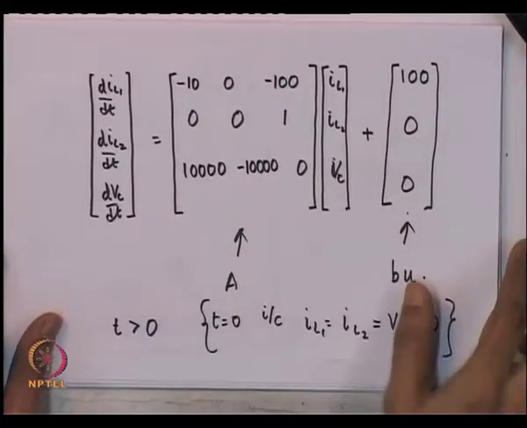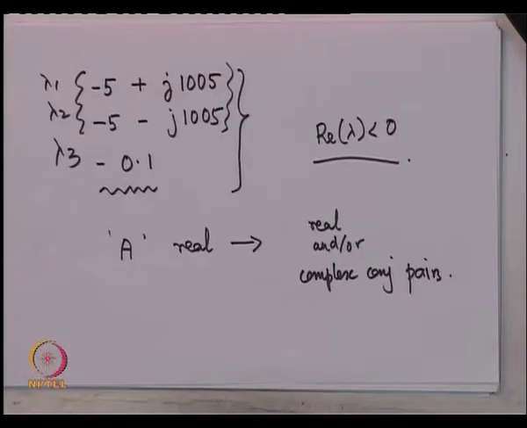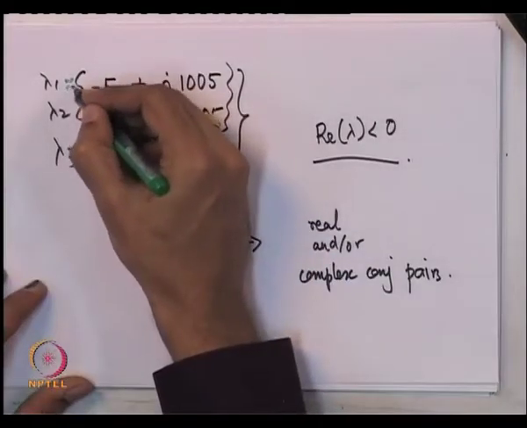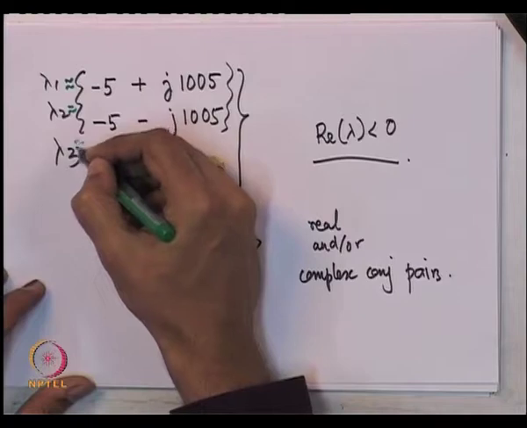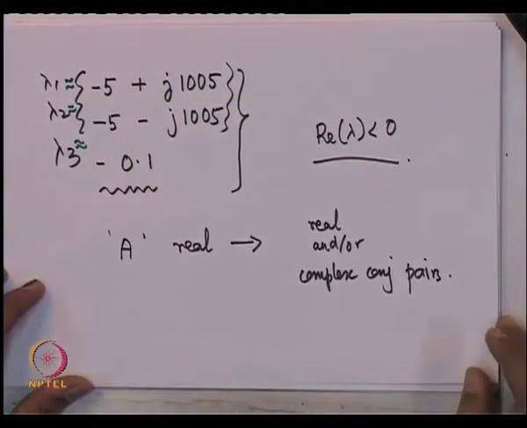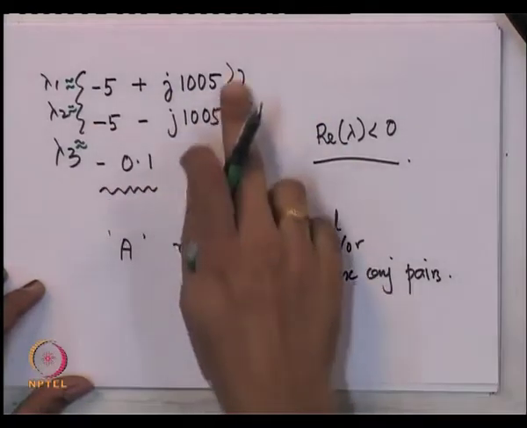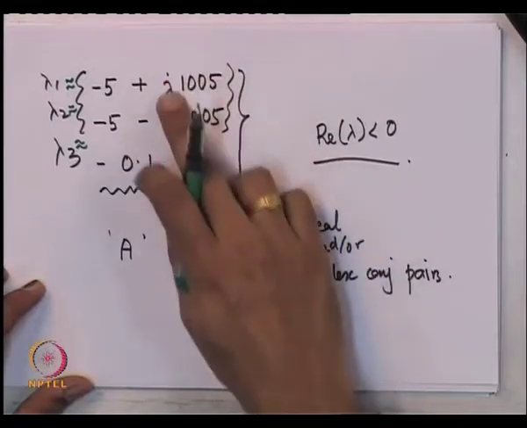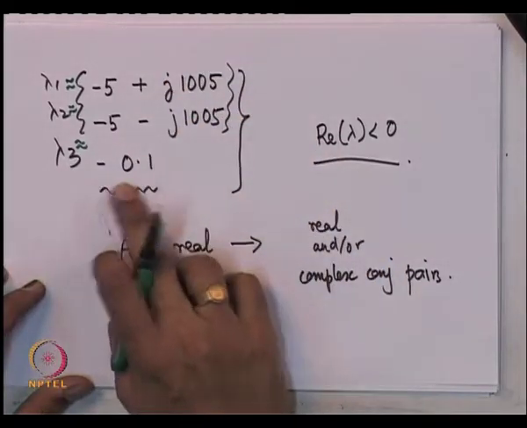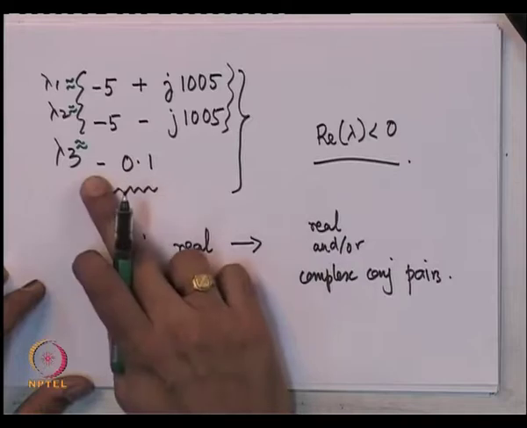Now, the most notable feature here when we did this study was that lambda 1 was approximately equal to this, and lambda 2 was this. There was a complex conjugate pair and you had a real eigenvalue which also had a negative part.